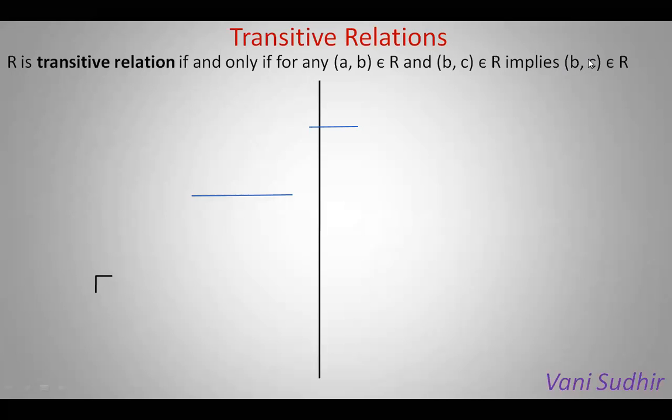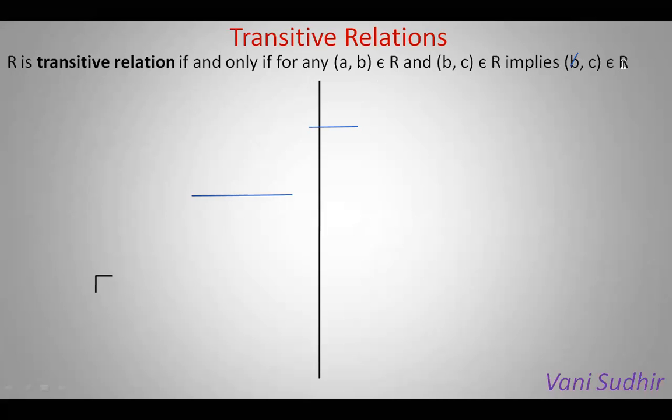Sorry, here A is related to C we have to write. One minute, I have to make that correction. Here this is AC, okay. That is, A is related to C you have to write. I'll take the pen.